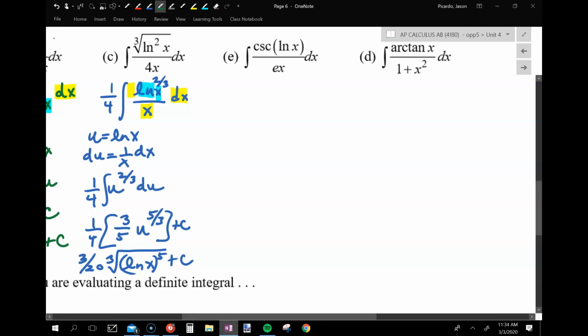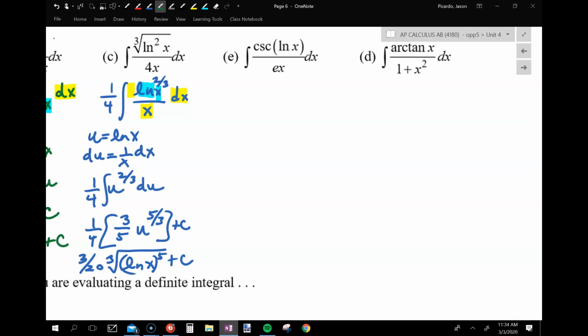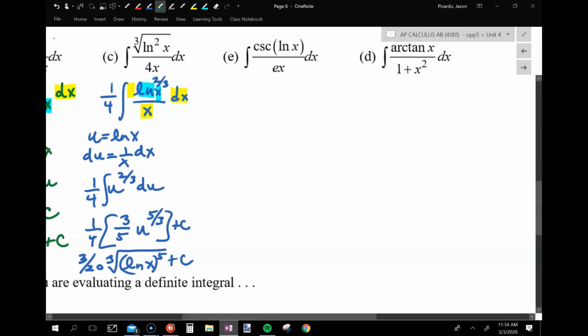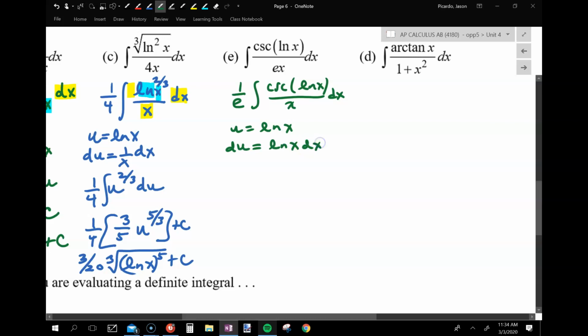All right, we see again, guys, we have a natural log. We have an x in the bottom. Natural log is going to be a good choice again, right? So I'm going to take out this. Should I brace for impact?